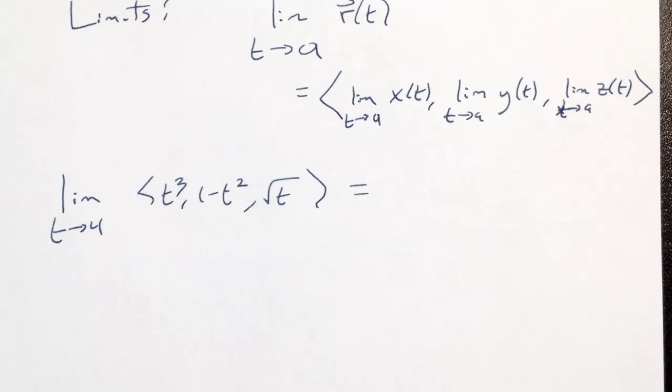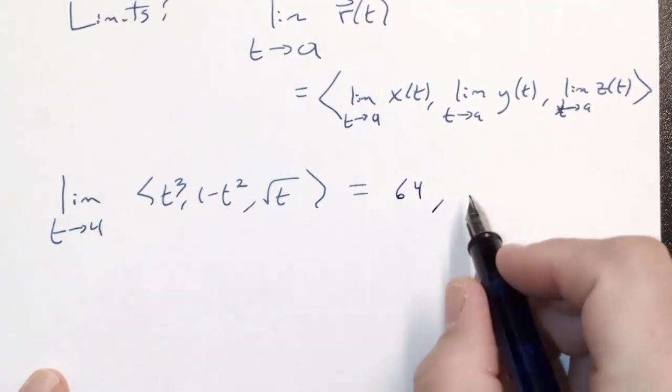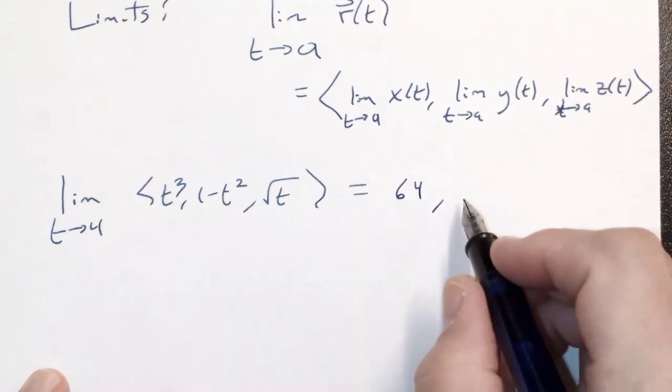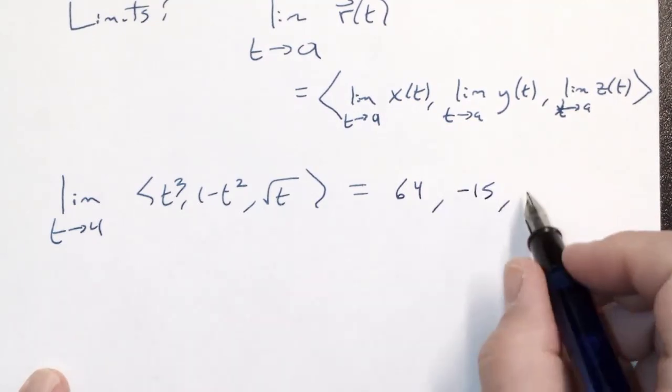I know you should know this. Yeah, I pulled 4 out of thin air. What do I get when I do the limit as t approaches 4? I just plug in, right? Why am I allowed to just plug in? I plug in here. 1 minus 4 squared is 1 minus 16. That's negative 15. 4, take the square root, I get 2.